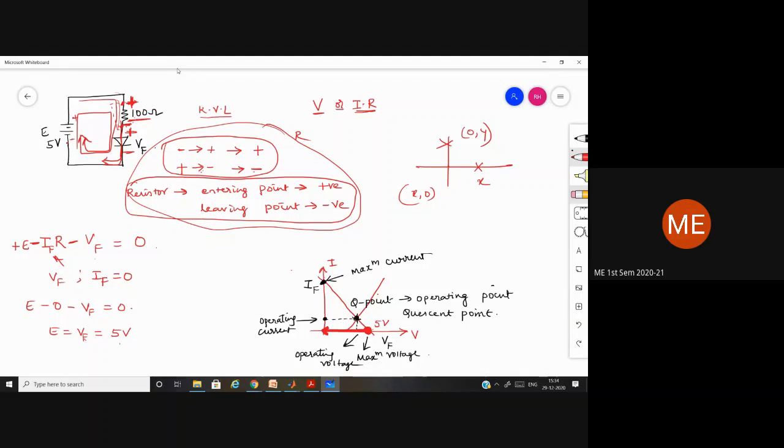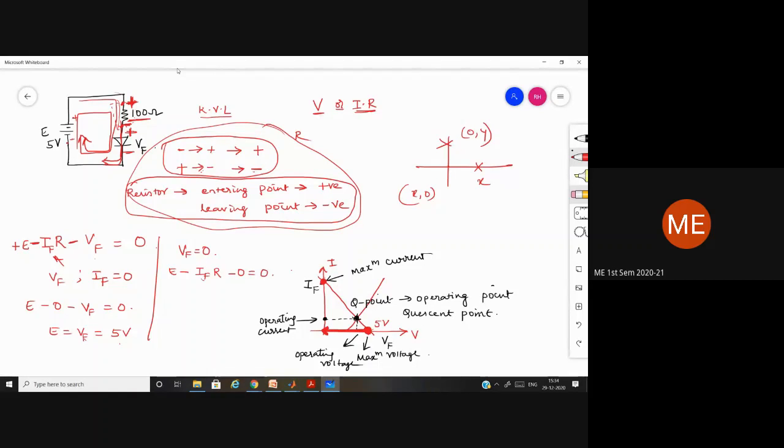In the same way, if I want this point, what will be the value? At this point, which is on the y-axis, Vf will be equal to 0. E minus If into R minus 0 is equal to 0.